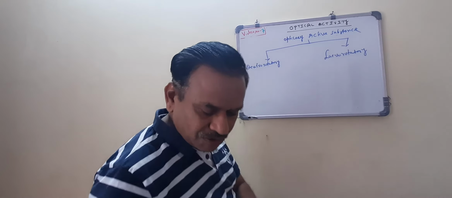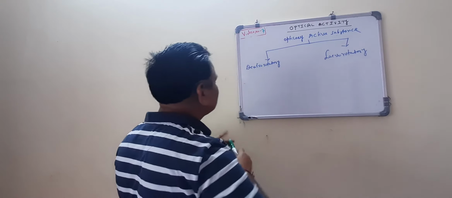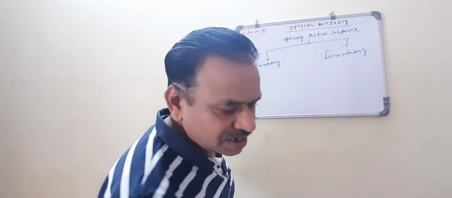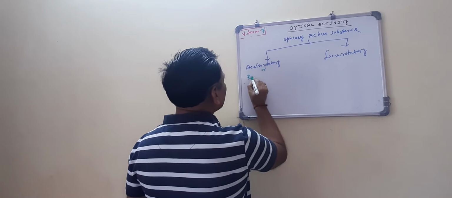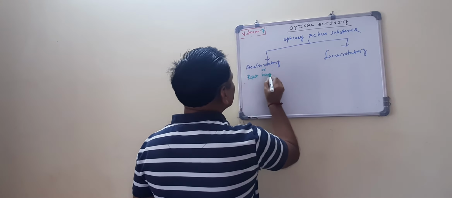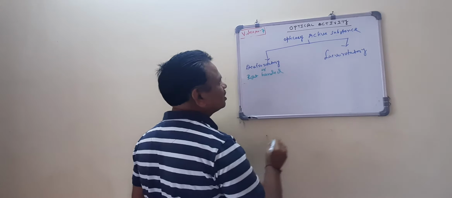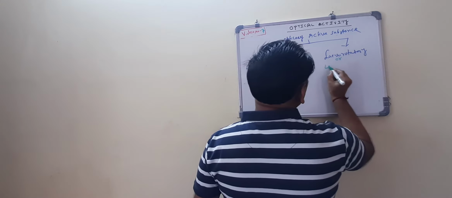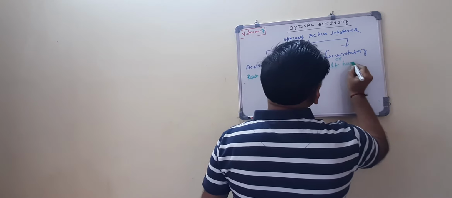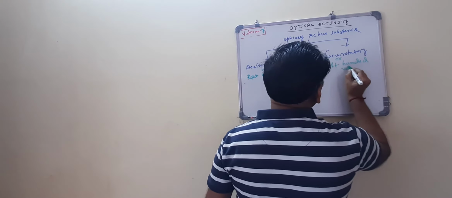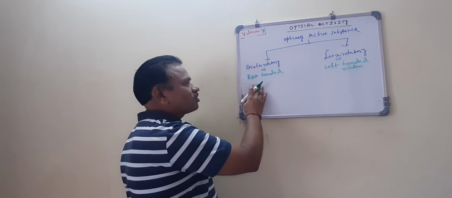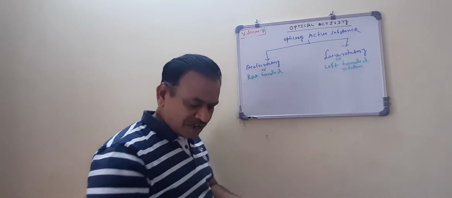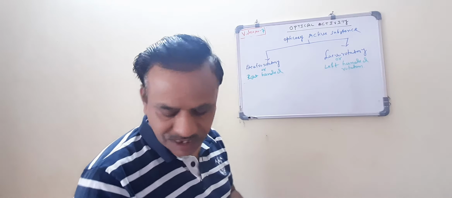Dextrorotatory is also called clockwise rotation, or right-handed rotation. Levorotatory is called left-handed rotation, or anti-clockwise.